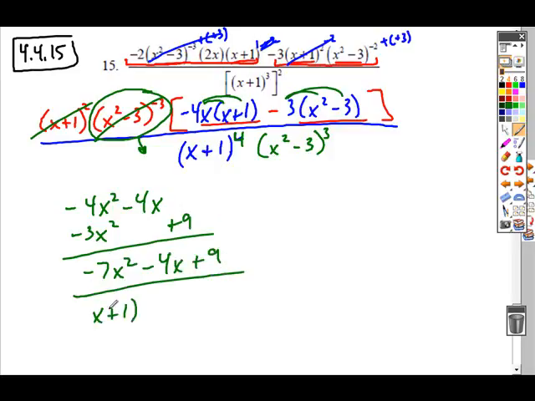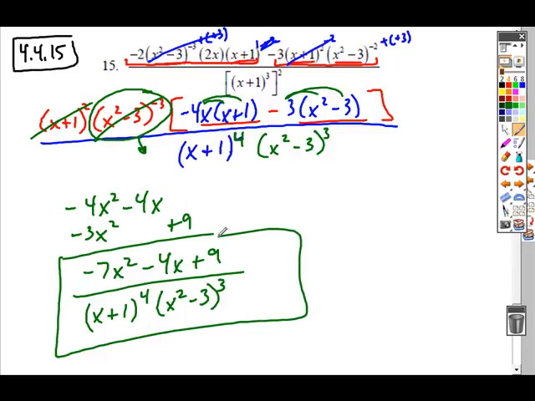In our denominator, write the first degree polynomial factor first, and then the second degree factor next. This is our simplified form. You could check whether we can factor this numerator at all. The way to test it is to take your leading coefficient times your constant: negative 7 times 6 is negative 63.